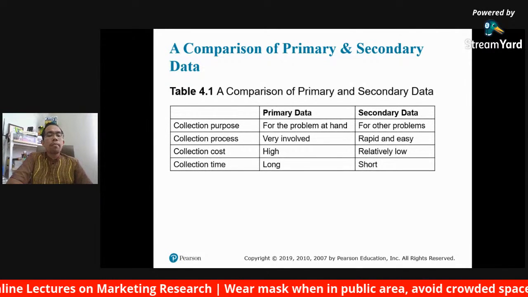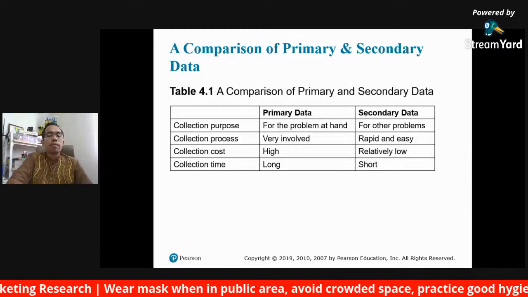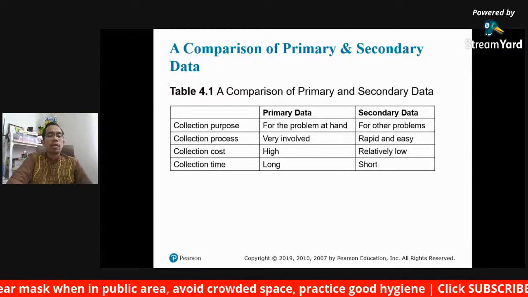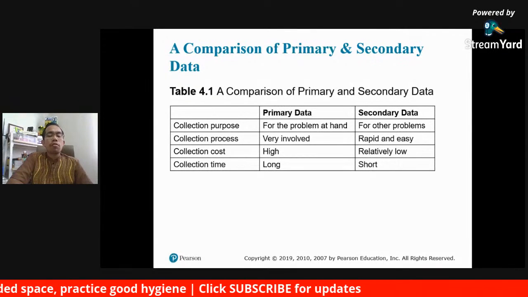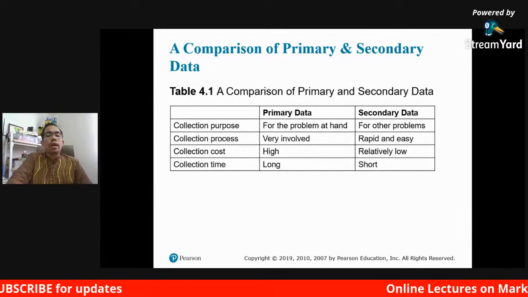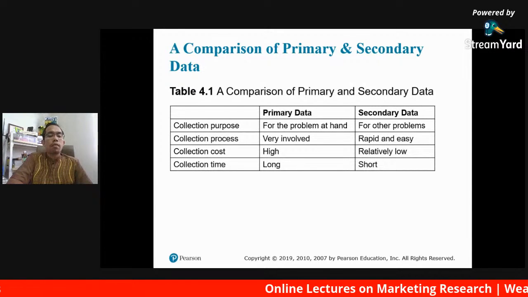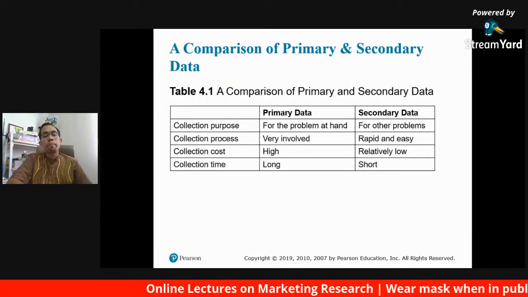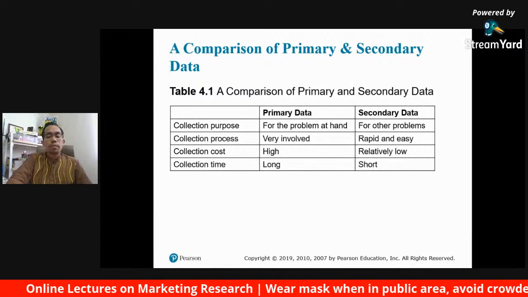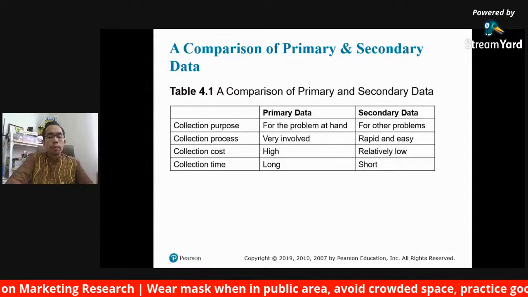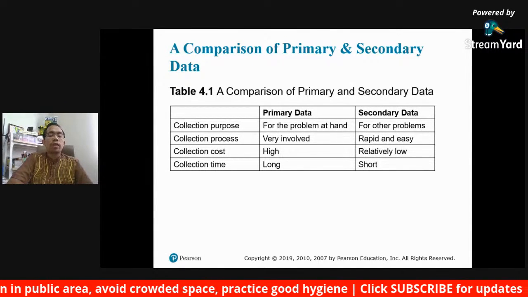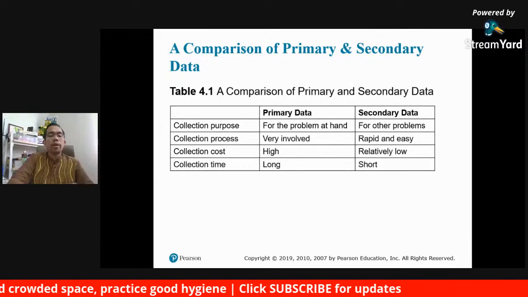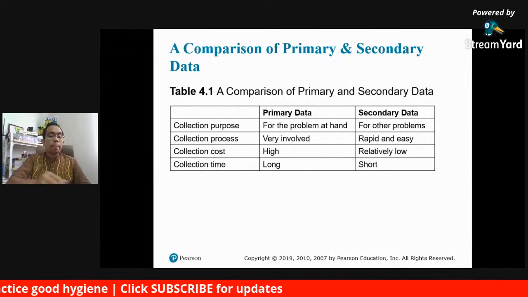In terms of time, primary data takes a very long time compared to secondary data, where we just ask the institution or search on the internet, where it is normally available for us to access. So these are the obvious characteristics between primary data and secondary data.